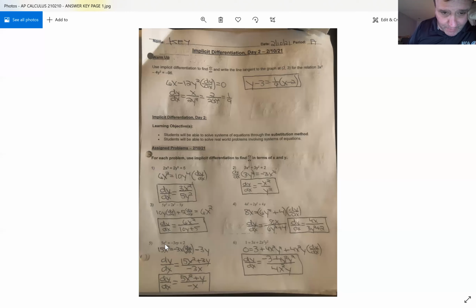So the derivative of 5x cubed is 15x squared. The derivative of negative 3xy is negative 3x dy/dx, because the derivative of y is dy/dx, and that's minus 3y, because the derivative of x is 1. Solve for dy/dx. And everything's divisible by 3.